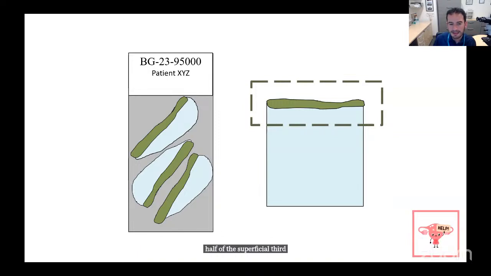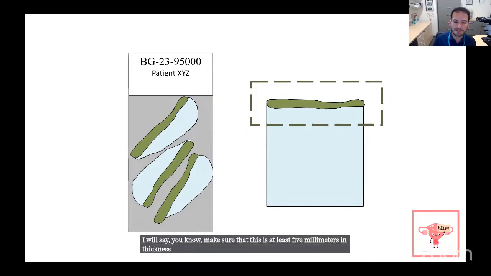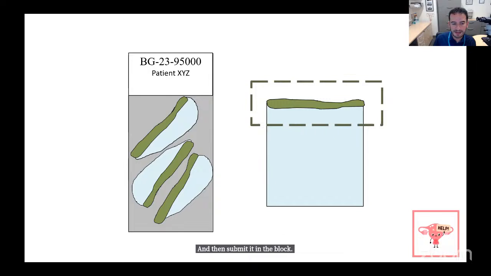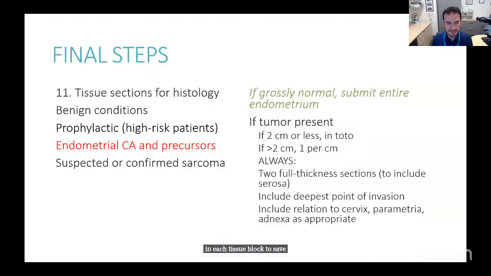I will say, make sure that this is at least 5 millimeters in thickness, and then submit it in the block. This approach will let you put more than one or two pieces in each tissue block to save space and to save time, right?